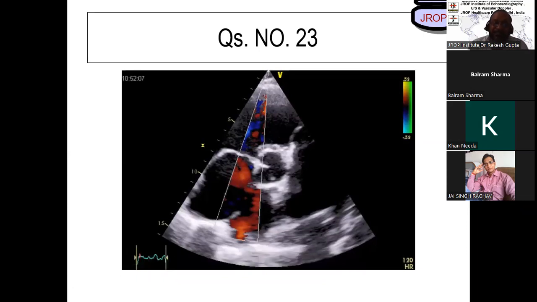Now, what is the classification of ASD, Balram? ASD, it kind of depends on where it is and the size. What varieties of ASDs are there? Types of ASD?